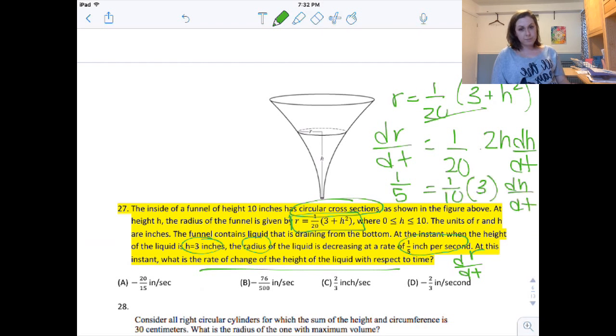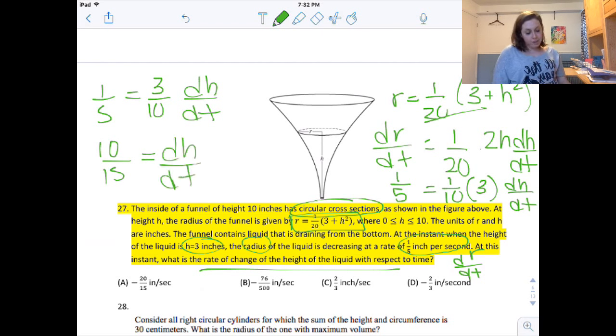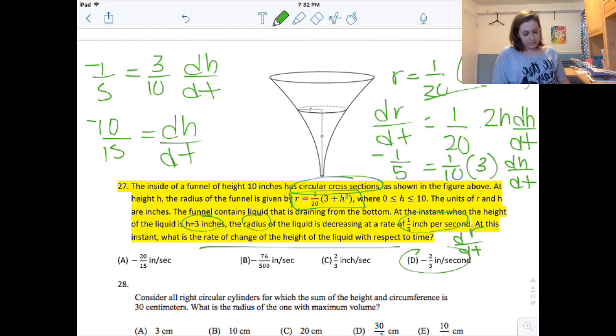So I've got 1/5 equals 3/10 dH/dt. Multiply by 10/3, so I get 10 over 15 equals dH/dt. And actually, the radius is decreasing, so this should be negative. So this should be negative 2/3 inches per second.